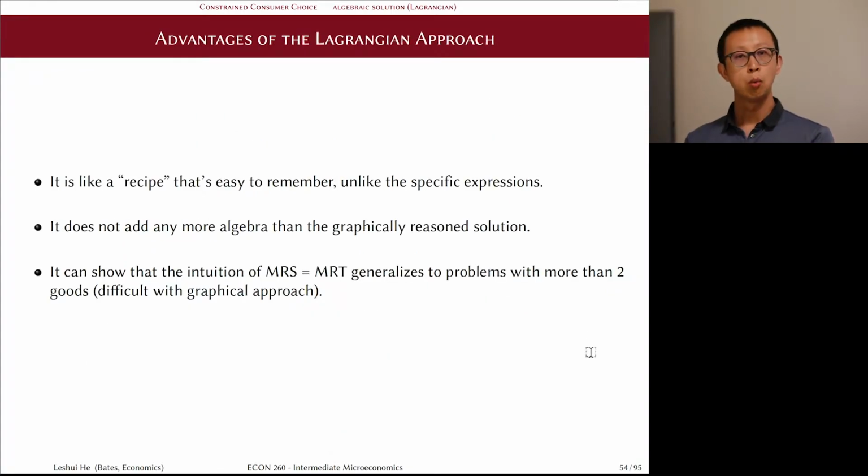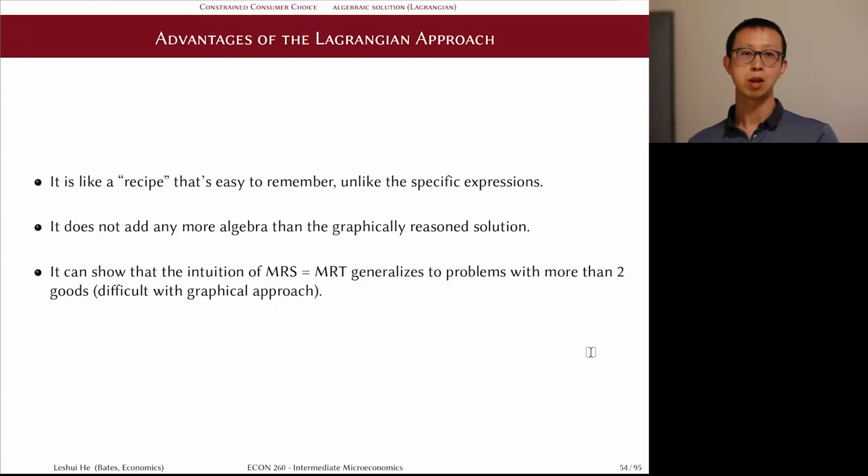You might wonder, why bother using the Lagrangian, given that we know the solutions are just given by the tangent condition and the budget constraint? There are a few advantages to the Lagrangian approach that make it our go-to approach to solve constrained optimization problems. First, it is relatively easy to remember. You just need to write down the optimal program relatively intuitively with the objective function and the constraint.